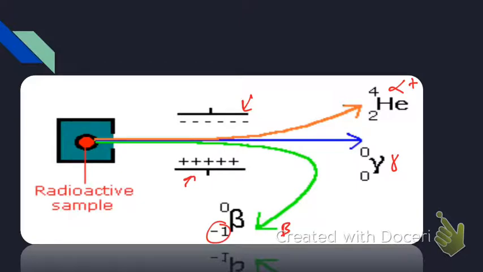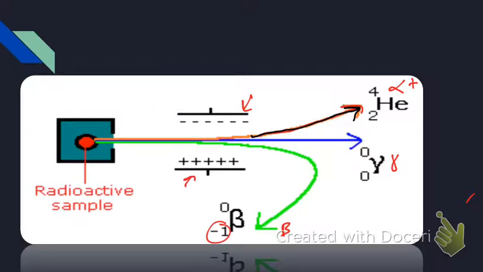Also notice that beta, remember, has a really small mass, and so something that has smaller mass will be affected more by the charge, will bend more, whereas something that is bigger doesn't bend as much. So notice how this has 4 AMU, so the mass of this alpha particle is 4 AMU, and so therefore it doesn't bend as much.